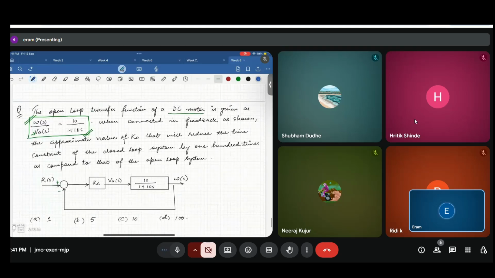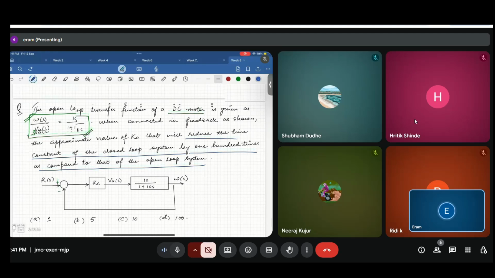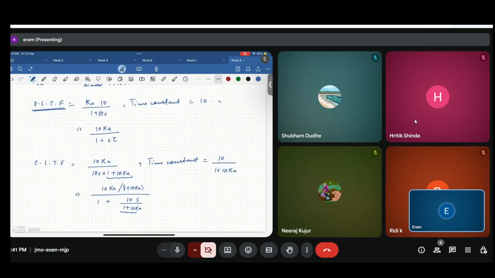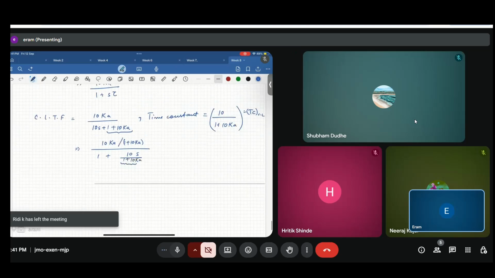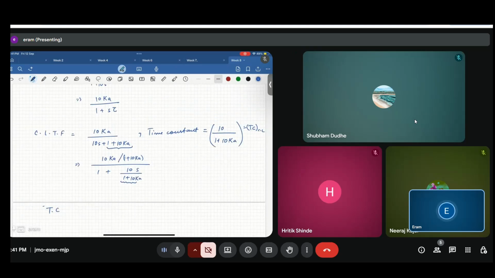And what are we asked? We are asked to reduce the time constant of the closed loop system by 100 times as compared to that of the open loop. So the time constant of closed loop is 1 by 100 times that of open loop. So let's call it time constant open loop and time constant closed loop. The time constant of closed loop is equal to 1 by 100 times the time constant of open loop.